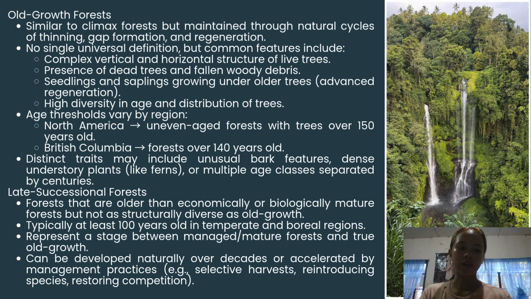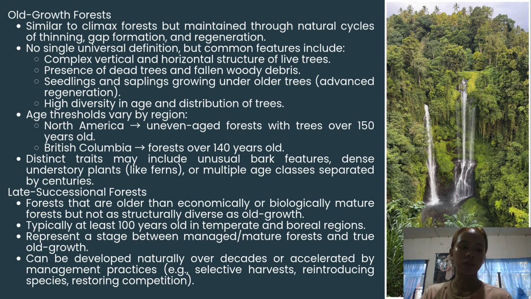Old growth forests are ecosystems that resemble climax forests and are sustained through natural cycles of thinning, gap formation, and regeneration. They are recognized by their complex structure, which includes tall mature trees, fallen woody debris, dead standing trees, and seedlings growing beneath older trees. These forests are uneven-aged, highly diverse, and vary by region.